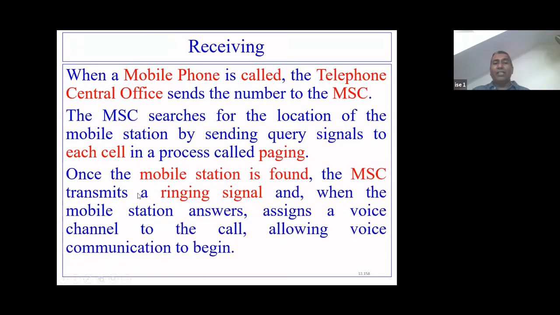Once the mobile phone is found in a particular cell under the control of the MSC, the MSC transmits a ringing tone to that particular mobile phone in Chennai. And when the user of the mobile phone picks up the phone, the mobile station answers. So the MSC will assign a voice channel to the call, allowing the voice communication to begin. Right, so this is what happens in mobile to mobile communication.